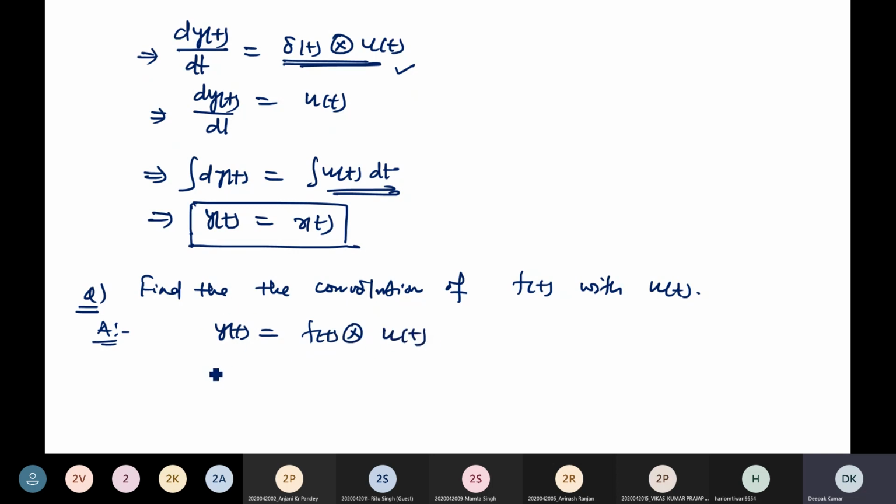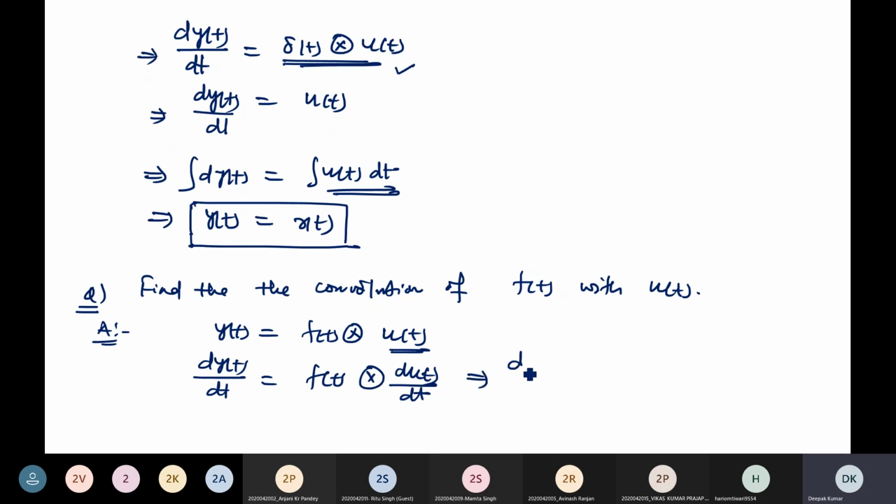Now take the derivative of y. The derivative will be reflected in either of the functions f of t or u of t. You know the derivative of u of t is delta t, so it is easier to take the derivative on that function. That's why we take the derivative in this expression.